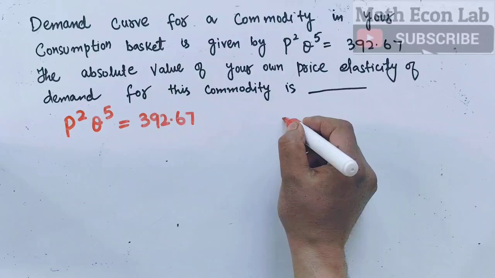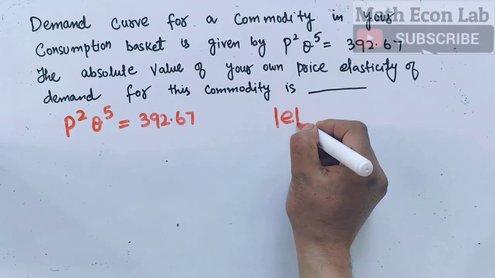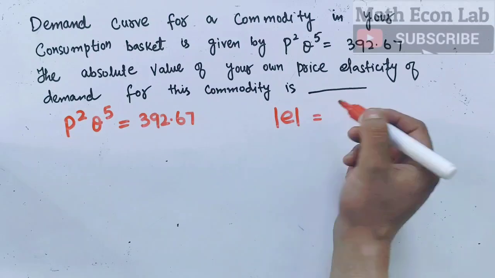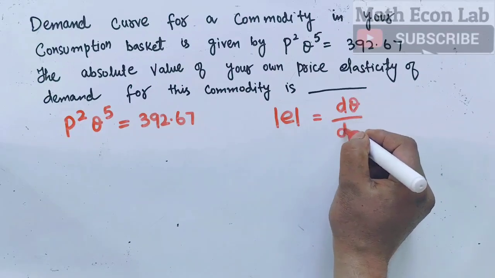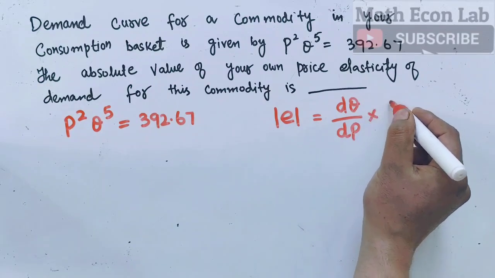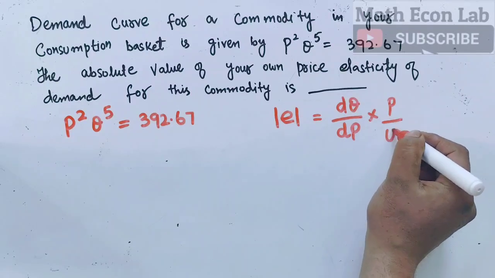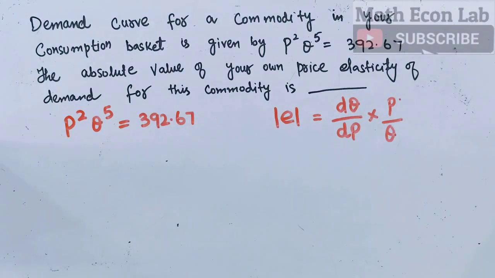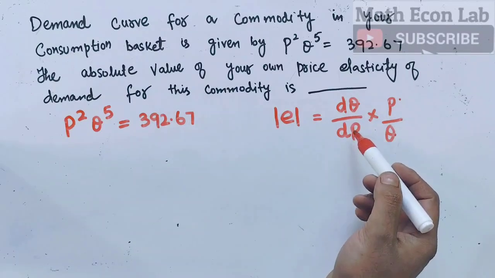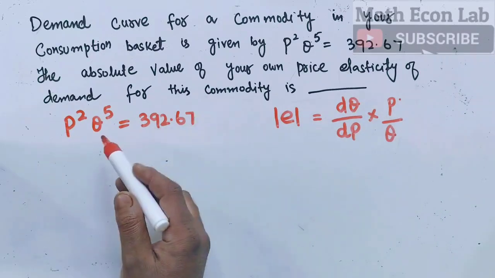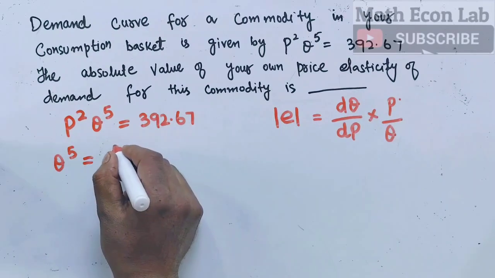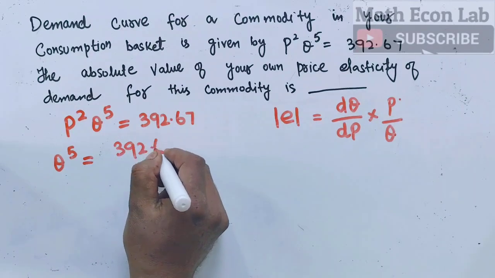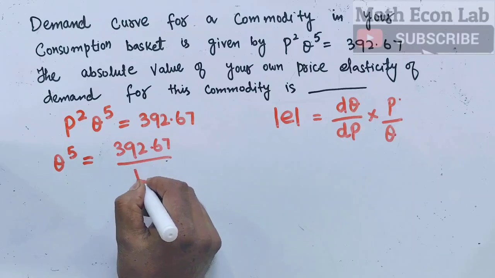So we know that elasticity of demand in absolute terms will be equal to the change in the quantity demanded due to the change in the price times price upon quantity demanded at that very price. So first we need to find out this derivative dq upon dp. For that we need to solve this function for q. So can I write q raised power 5 is equal to 392.67 divided by p square.